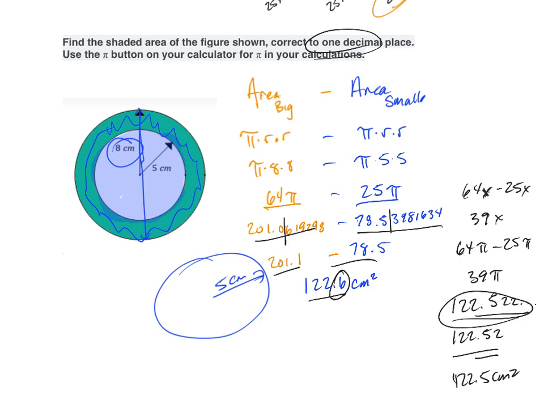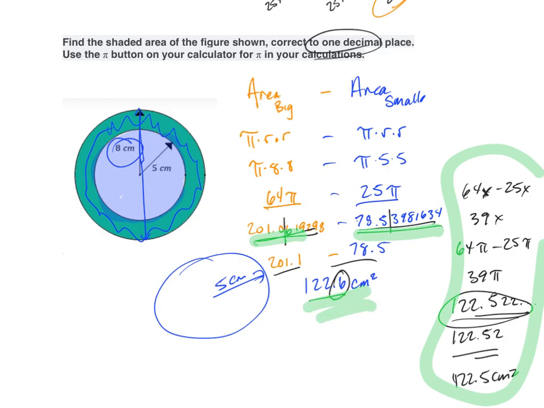So maybe part of the thing is you got to put in that whole number there. If you understand what I just did over here, you're going to get the answer right more often. But if you don't, you could still get the answer right by just taking those two full numbers. And if it wasn't math space, we would probably be accepting 122.6 centimeters squared. But you got to be really accurate with this program.